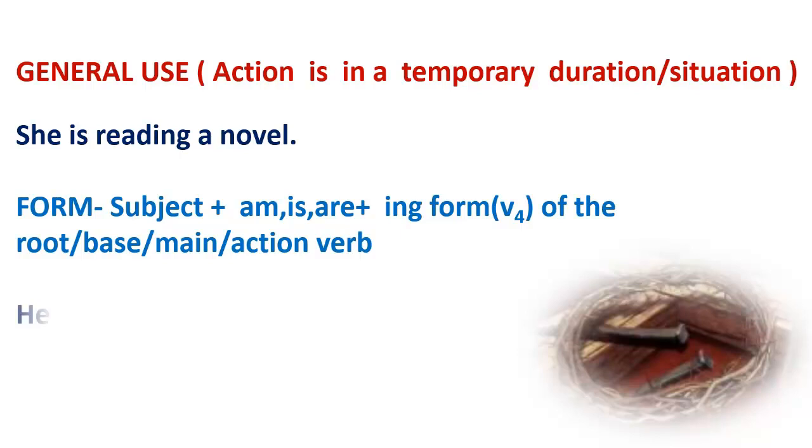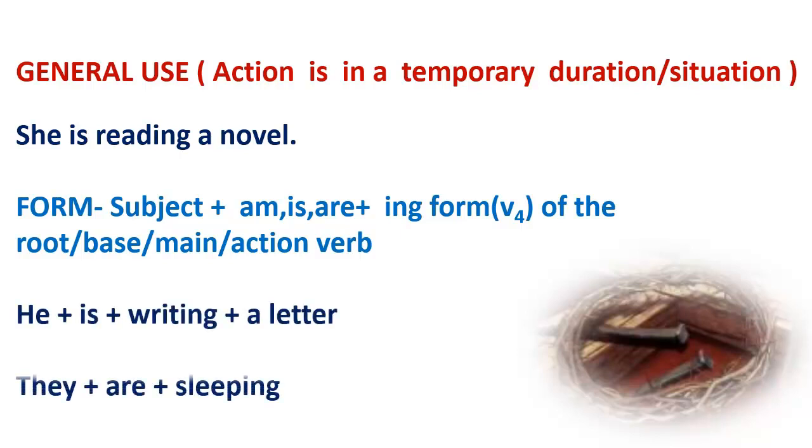He is a subject, is is the auxiliary verb, plus writing, the ing form of the root or action verb write, plus a letter, which is a complement. They are sleeping. They, a subject, are is the auxiliary or helping verb, plus sleeping, the ing form of the action verb.